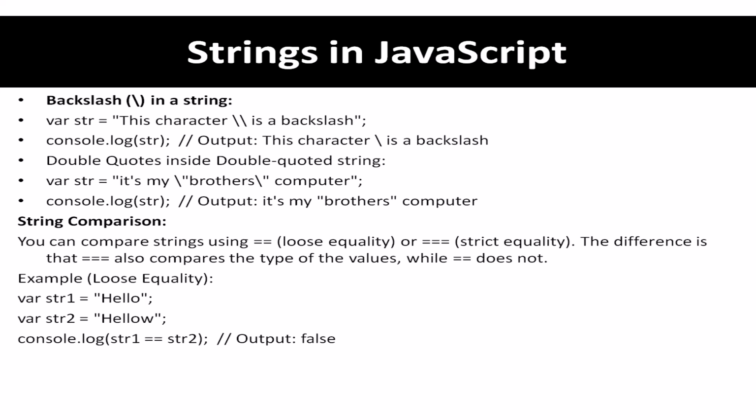Next, string comparison. If you want to use a string comparison, you can specify compare. Here console.log, instead of compare string 1 and string 2, we just give string 1 equal to string 2. It is going to return a boolean, either true or false.